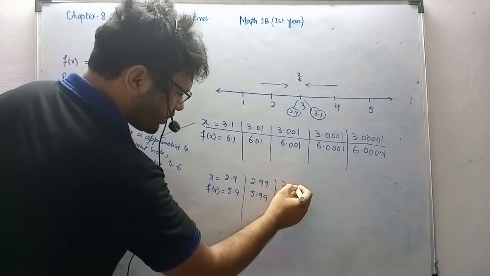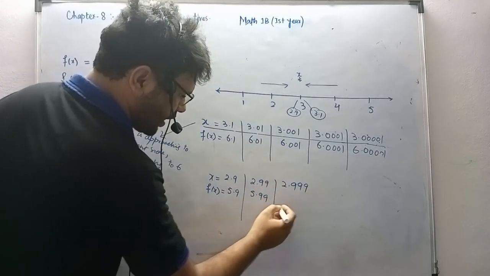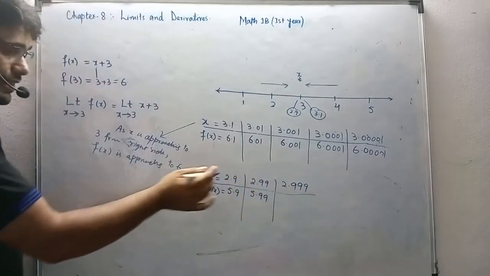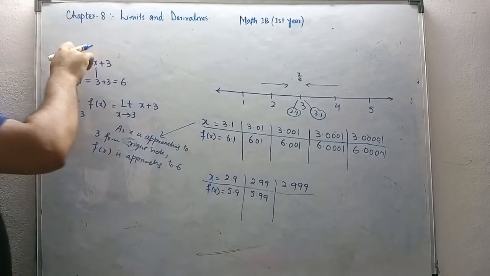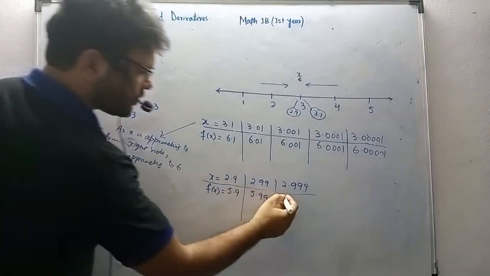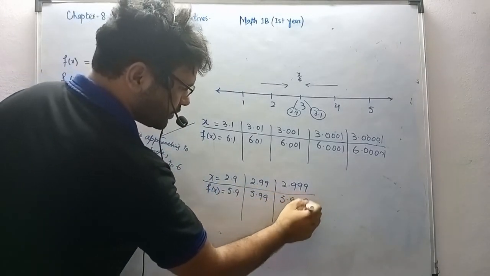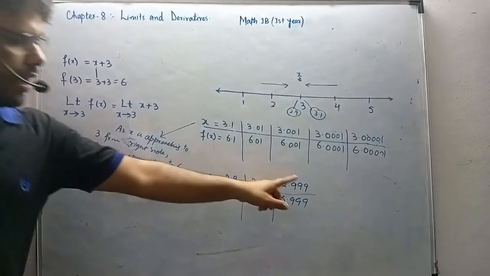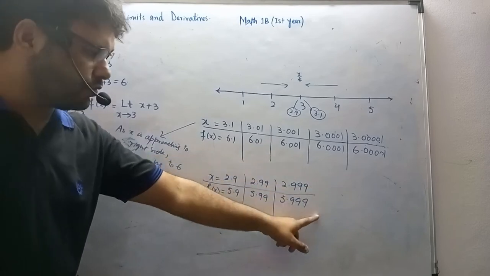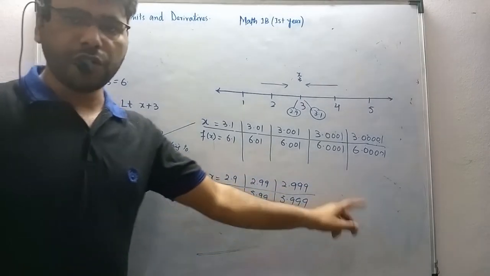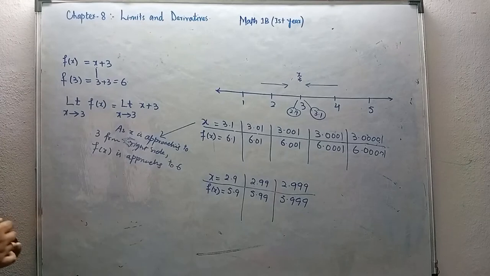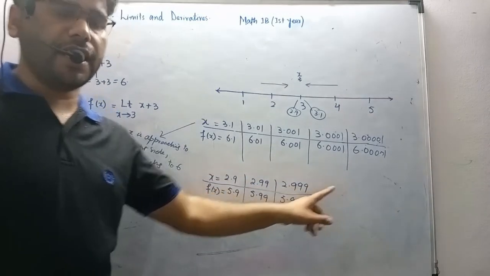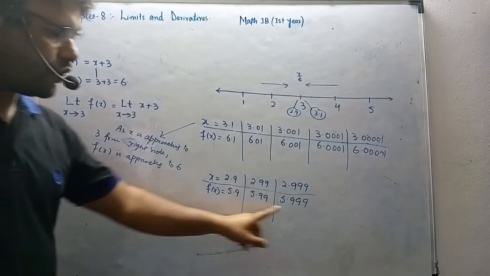Next, if I take the point 2.999, I will get 5.999. So the x values come closer to 3, and f(x) comes closer to 6. We can say that as x is approaching 3 from the left side, f(x) is approaching 6.